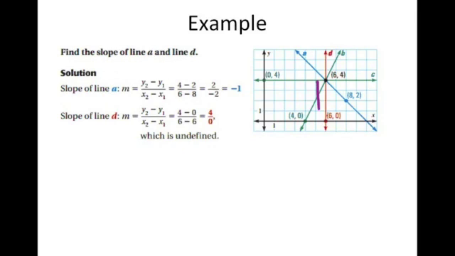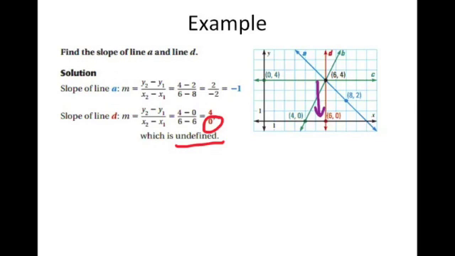So the change in the y's is right here, goes down from 4 to 0, but you notice it does not move left and right, so the change in the x's is 0. So we end up with a 0 on the bottom, and you know that the only number that we cannot divide by is 0, and that's why we end up with a slope that is undefined. Okay, just to clarify that and to keep remembering things like that from Algebra 1 days.